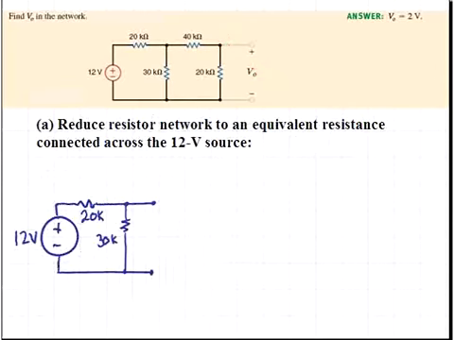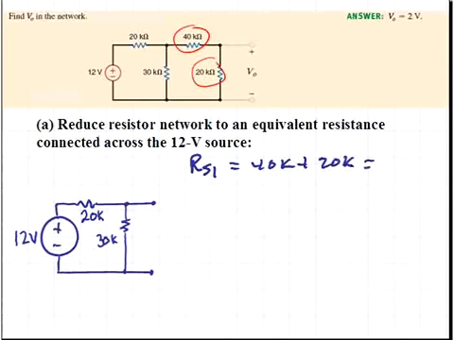So our first step is going to be to try to reduce the resistor network to a single equivalent resistance connected to the 12-volt source. We notice that we have two resistors in series, so we could say that RS1 is equal to 40K plus 20K, and that's equal to 60K.